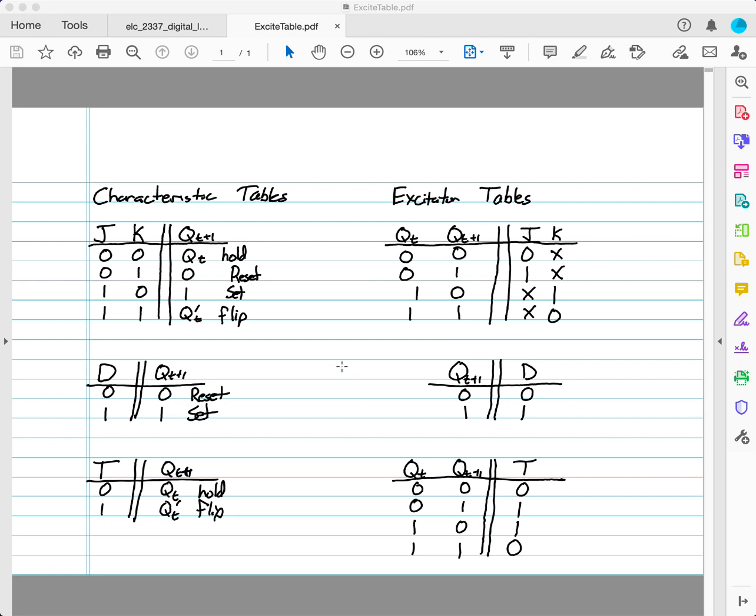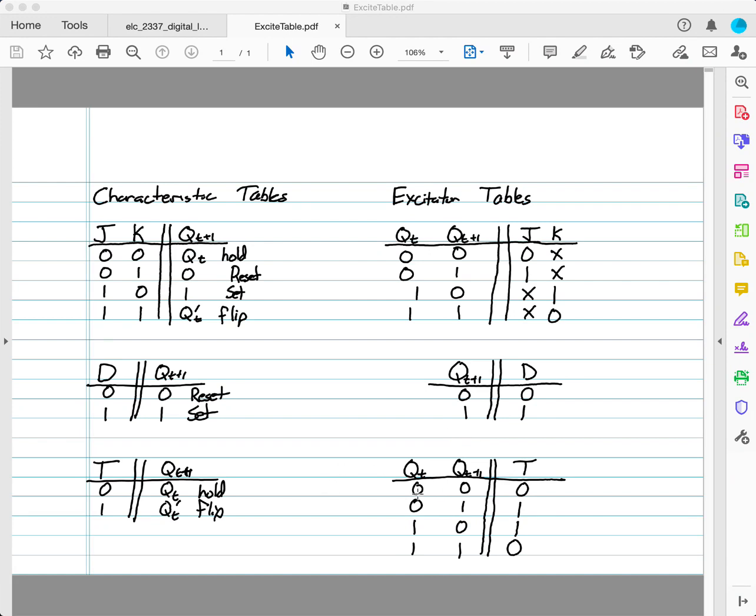It's a good way to remember the excitation tables: you should see this kind of XOR-like pattern. The T flip-flop has the XOR pattern, and the JK has this split XOR pattern, the first half under J and the second half under K, and the rest of them are all X's. So it's a nice way to remember it quickly.